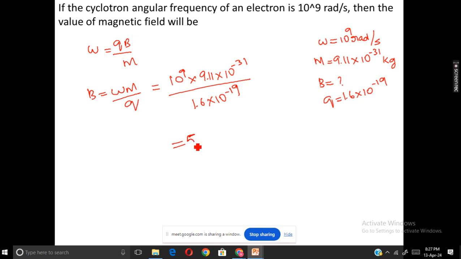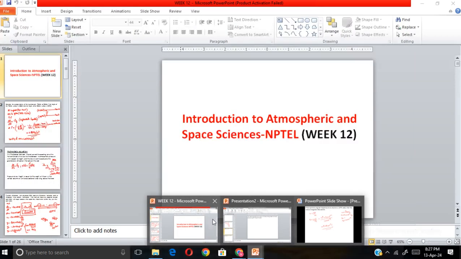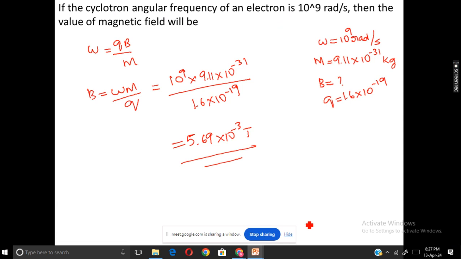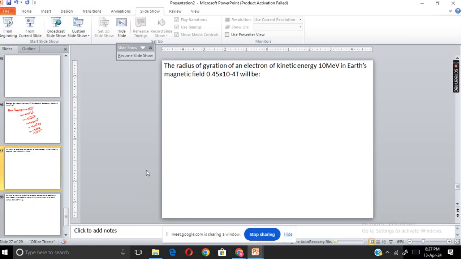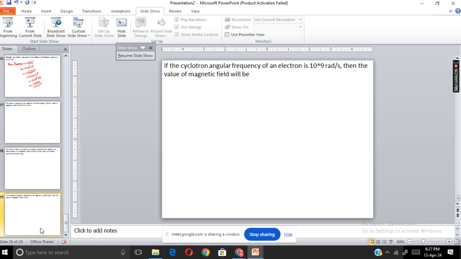So it will basically give you an answer of 5.69 into 10 raised to minus 3 Tesla. This will be the answer. This is the value of the magnetic field. So that is the last problem.